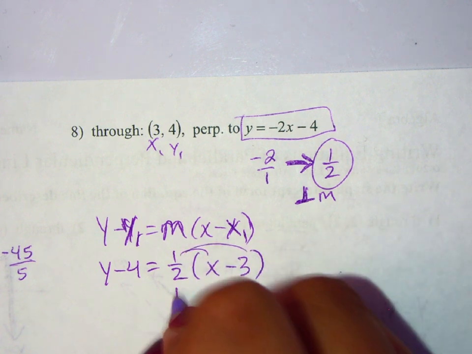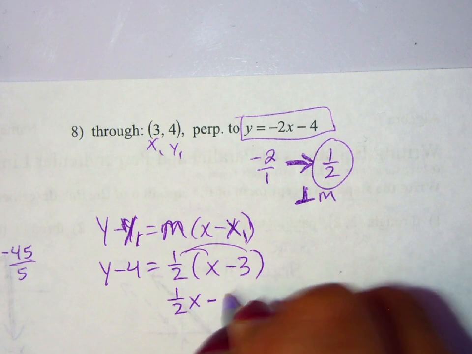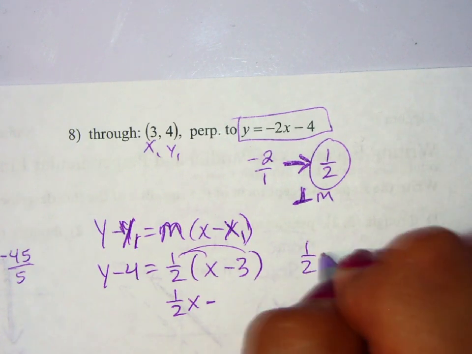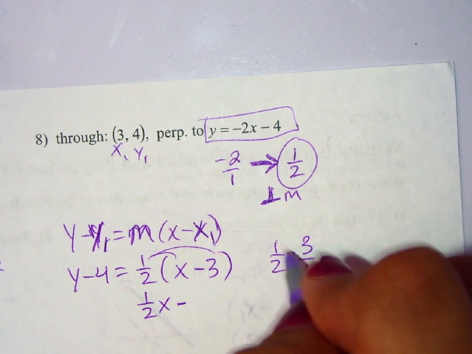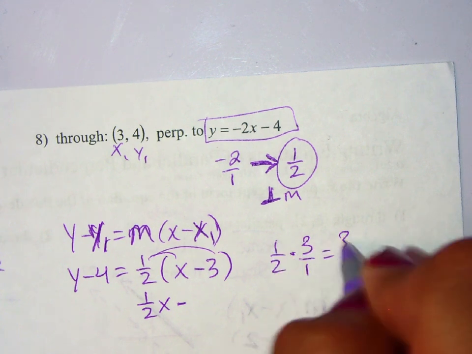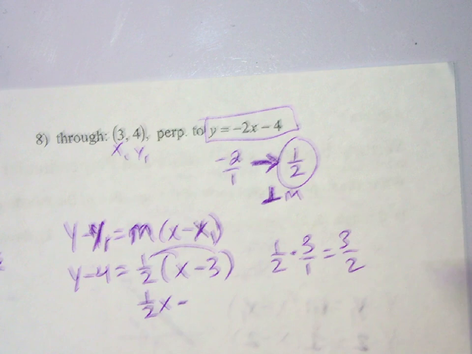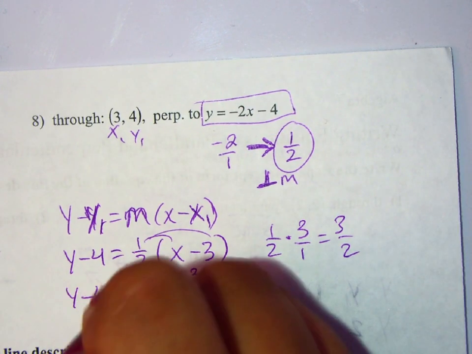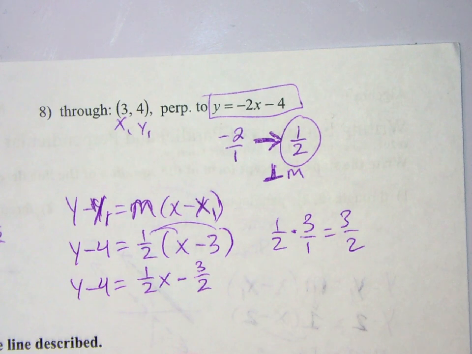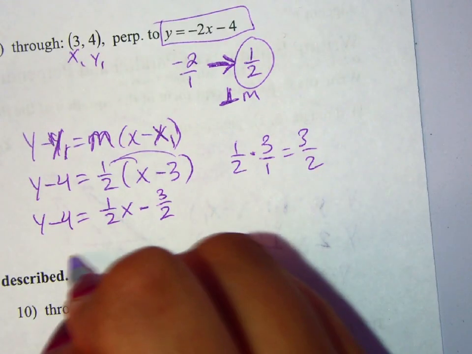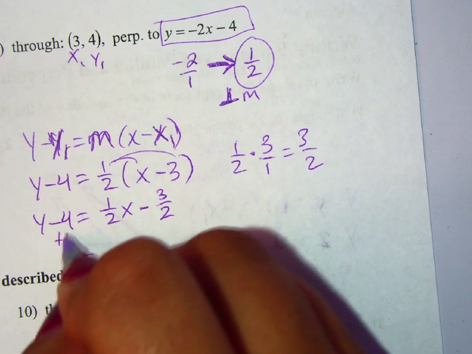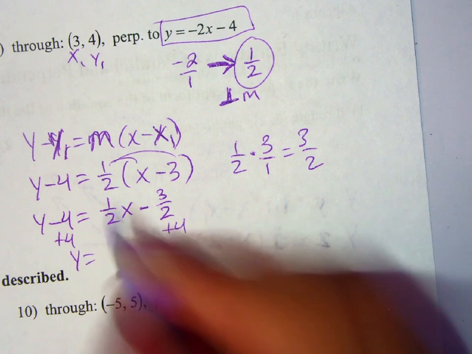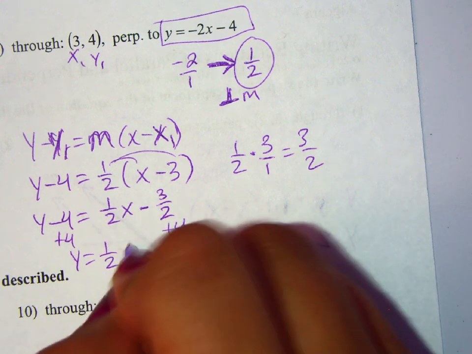Distribute it, and you get 1/2 x minus, and then that's 1/2 times 3, which is 3 over 1, and then 1 times 3 is 3, 2 times 1 is 2. So it's minus 3/2. Y minus 4 equals 1/2 x minus 3/2. To get the y by itself, you need to add 4, and you get 1/2 x.